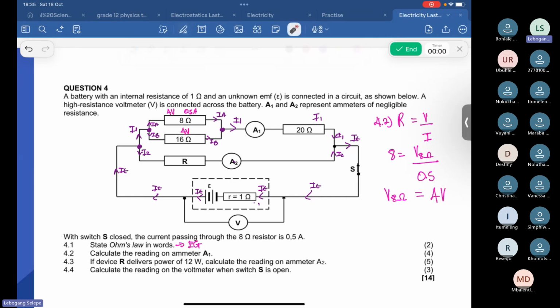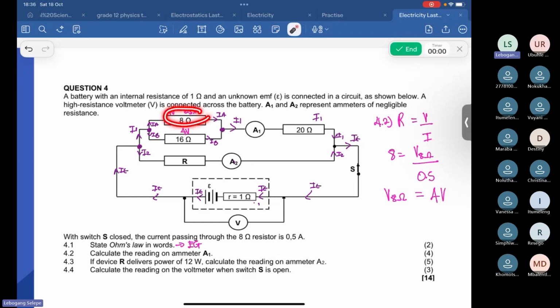Because resistors in parallel have the same potential difference, the potential difference here and there would be the same, so this is 4 V. Now we have the resistance and the voltage, so we can calculate the current.